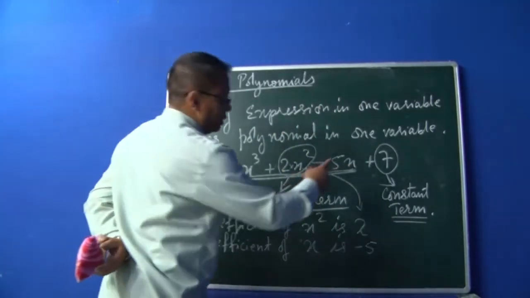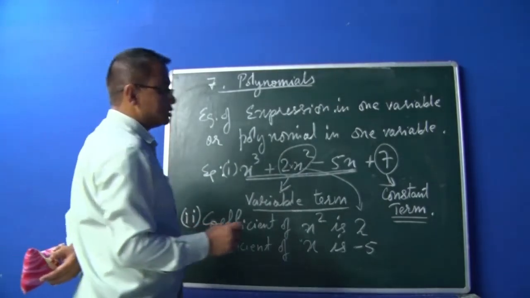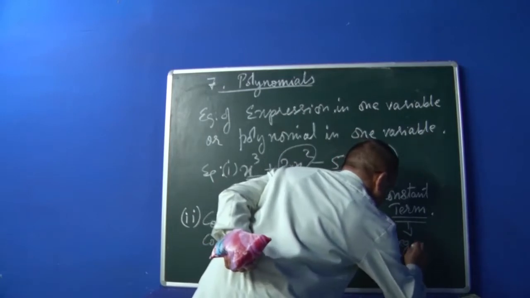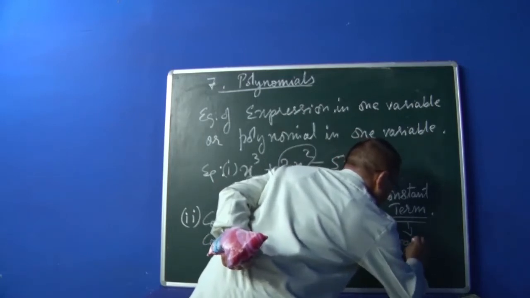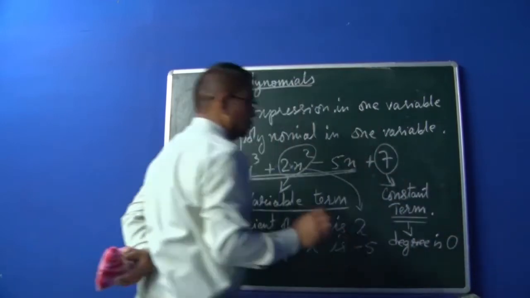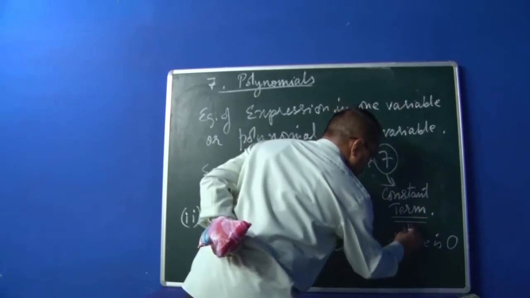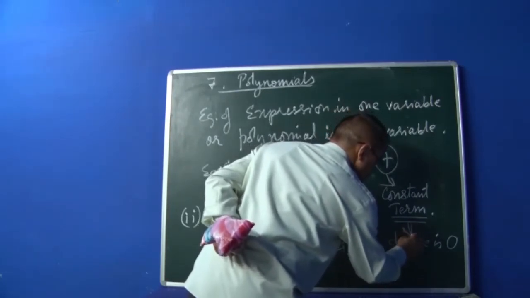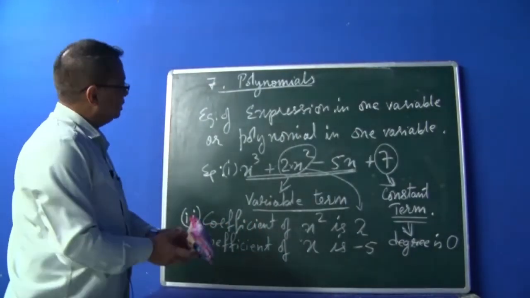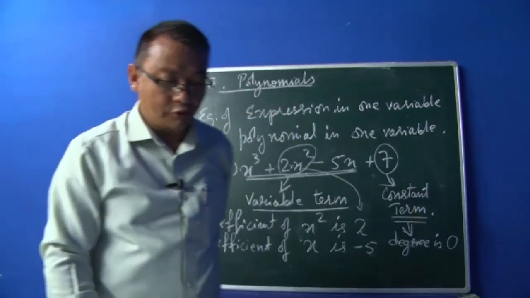So its power is 0. So every constant term, its degree is 0. Anyway, let us skip to the degree of polynomial.